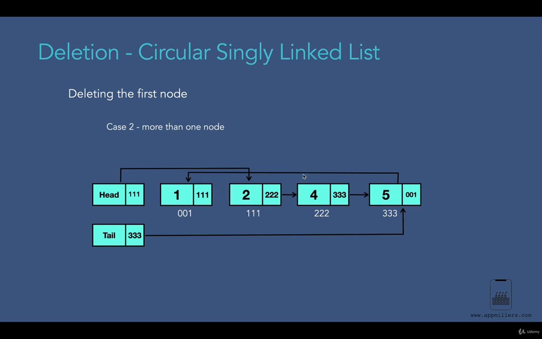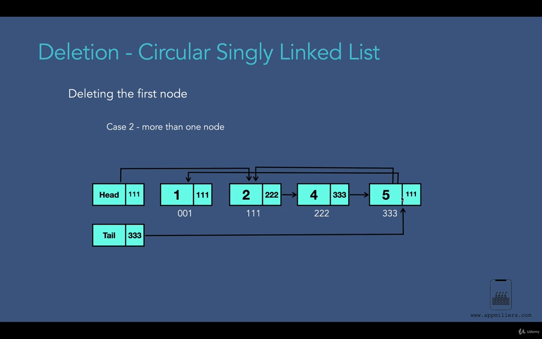Next, we know that in a circle single linked list, the last node has to point to the first node. If we are deleting the first node, the second node becomes the first node. So we have to update the last node's reference to point to the second node. The second node's physical location is 111, so we update the last node's reference to 111.